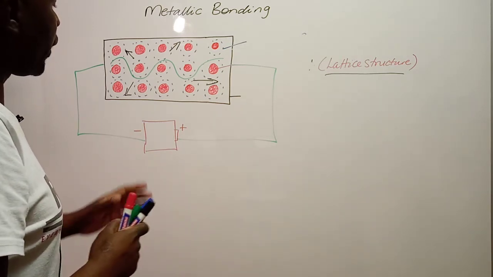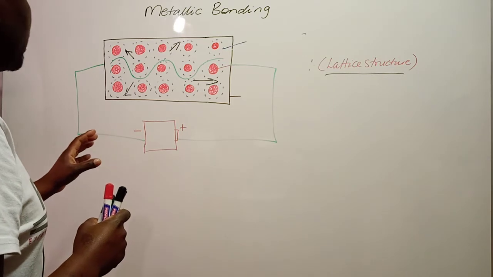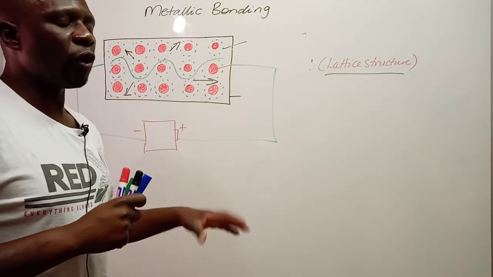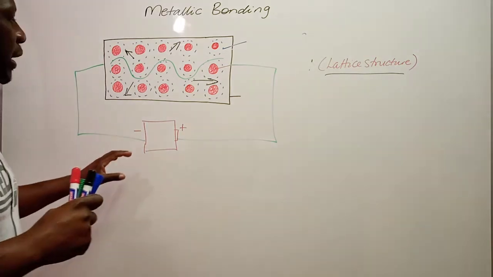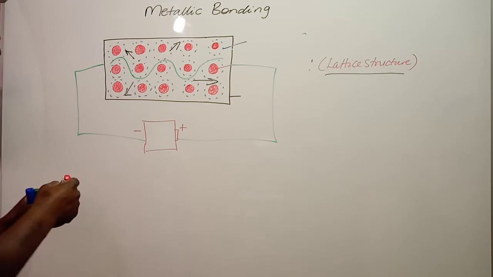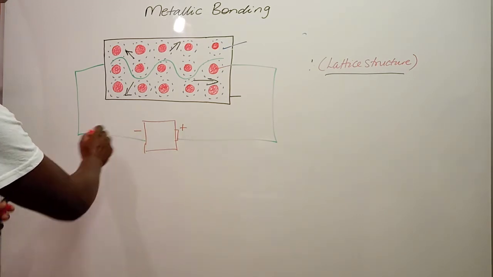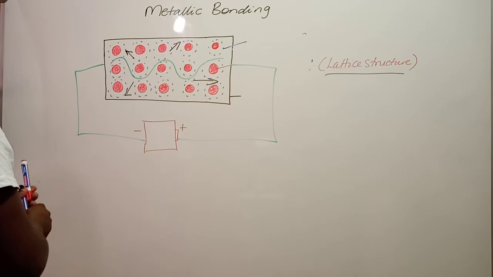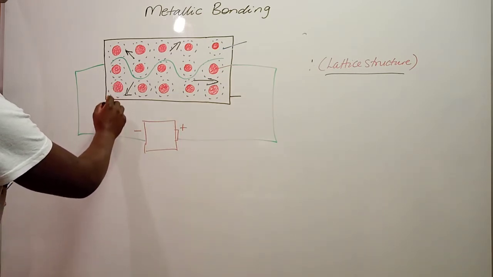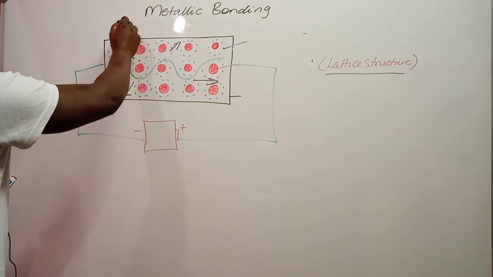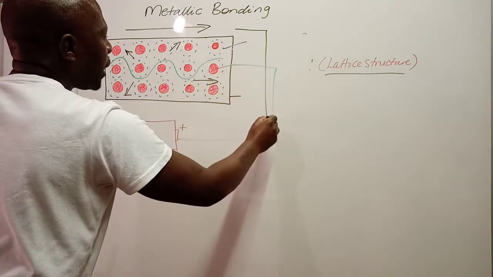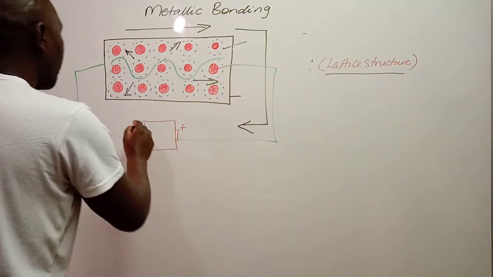So now when you connect a battery, the battery causes electrons to flow from the negative to the positive. So what the battery will do, it will give an effect of uniform direction to our electrons. So the electrons, they will start flowing from the negative towards the positive.